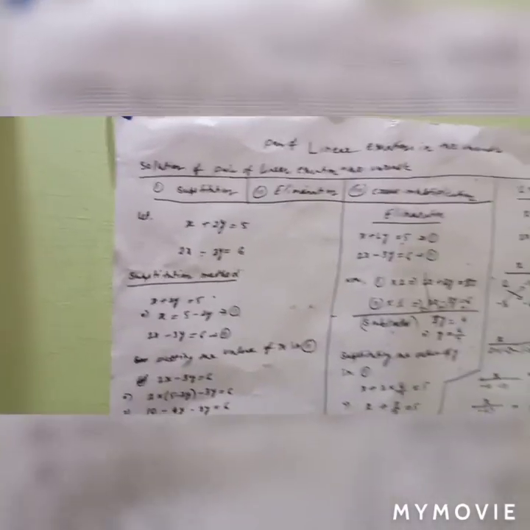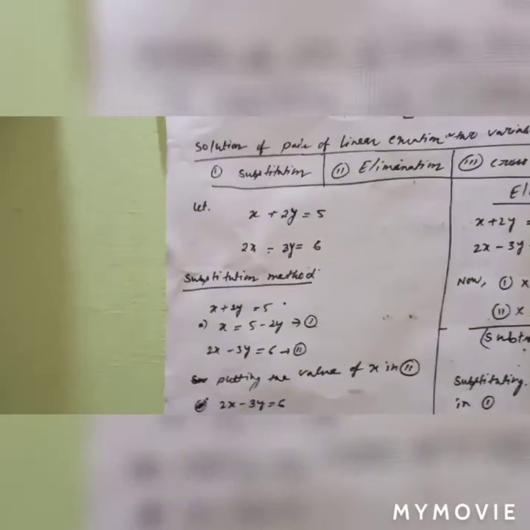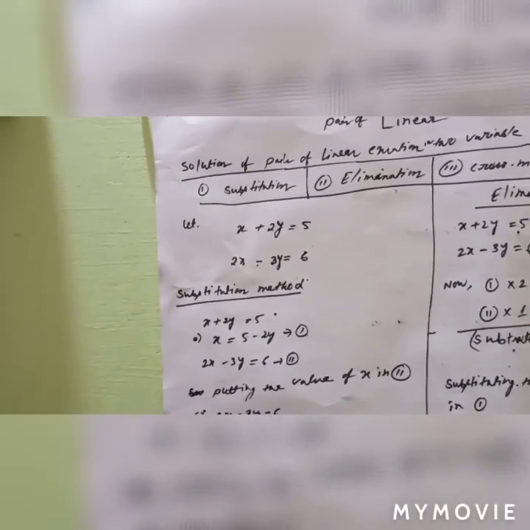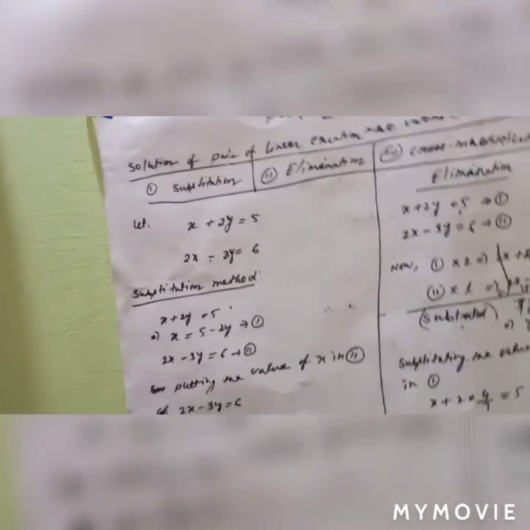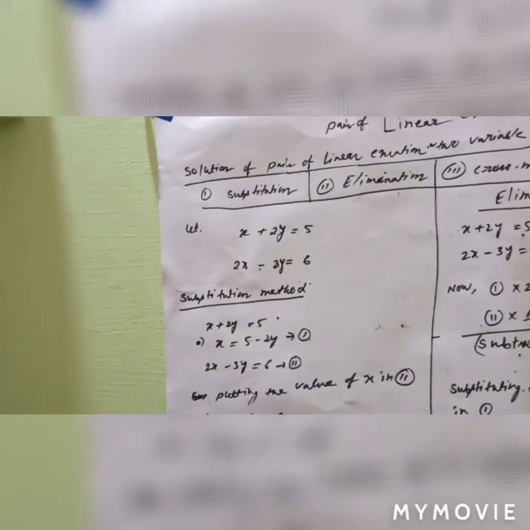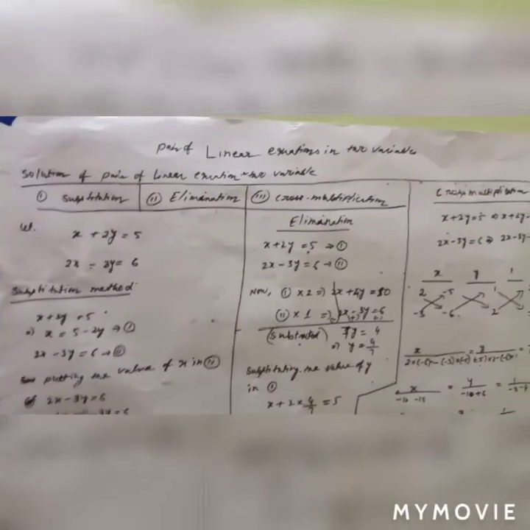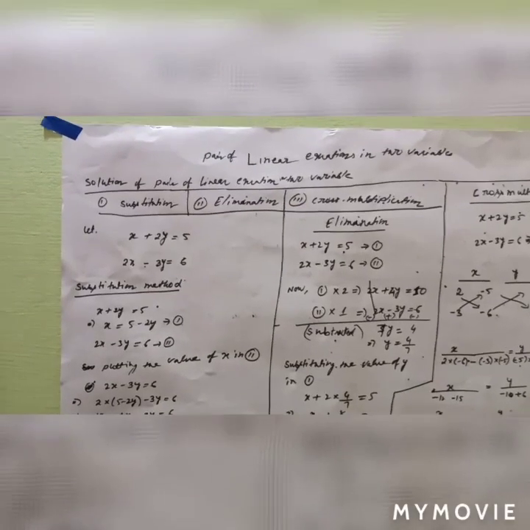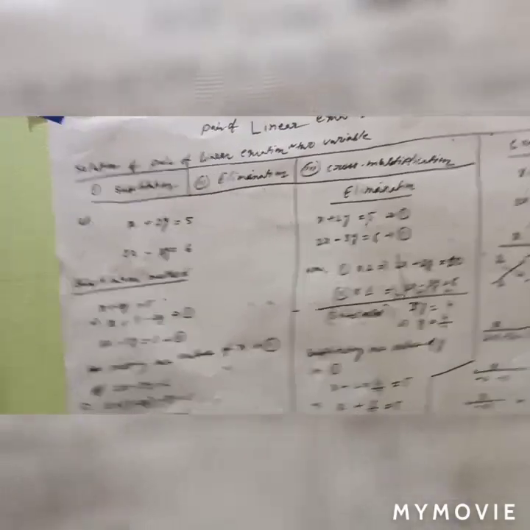Sometimes after plotting the points for one equation, you plot the points for the second equation and see that the points lie on the first line, meaning they are coincident. Coincident means they have infinitely many solutions.